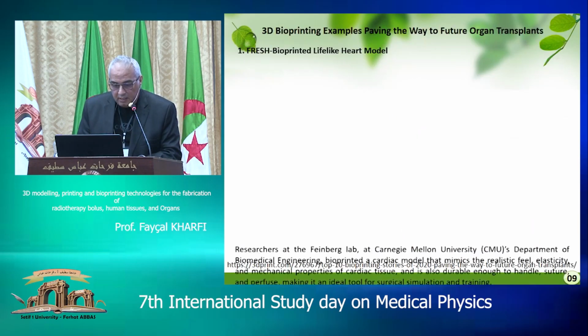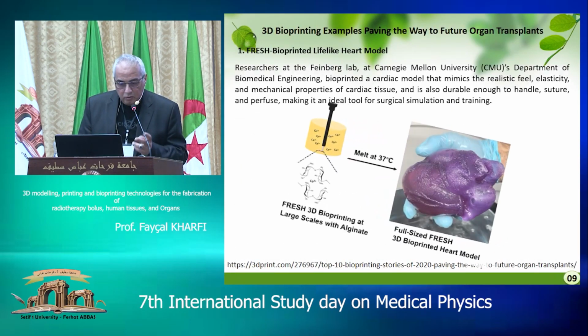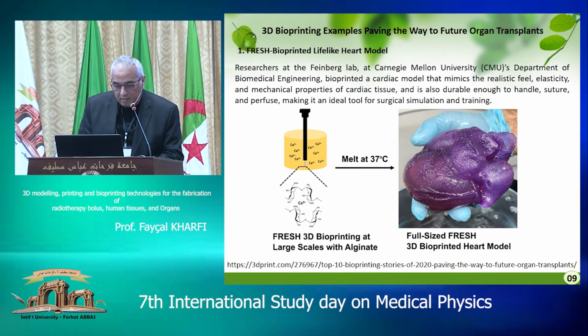I want just here to give you two examples about 3D bioprinting. The first one concerns the bioprinting of a lifelike heart model. This application was developed by researchers at the Feinberg lab at Carnegie Mellon University, Department of Biomedical Engineering.